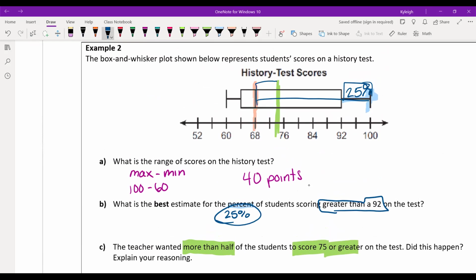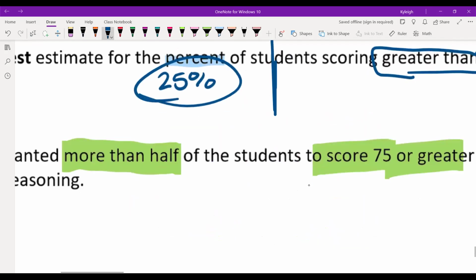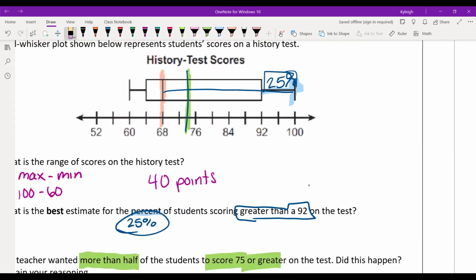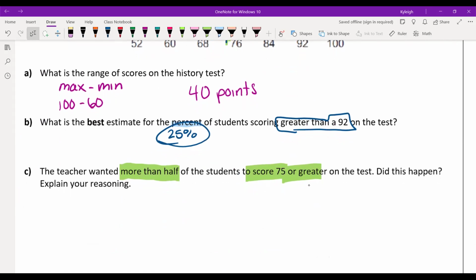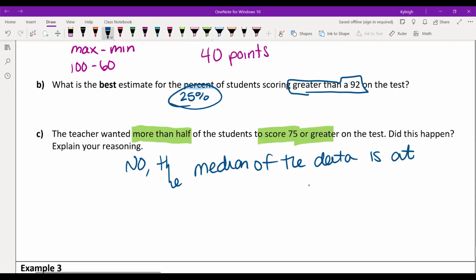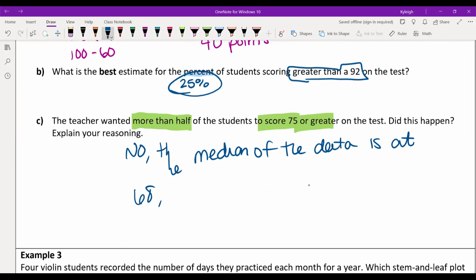But there's a group of students that didn't score 75 and weren't in there. So, did this happen? The answer is no, because the median of the data is at 68. The median is the middle, so that's how we know it didn't happen, because more than half is above the median. Okay.